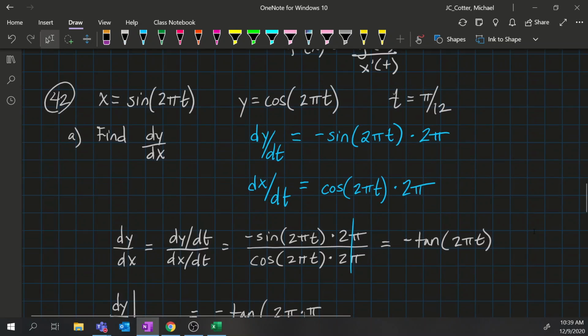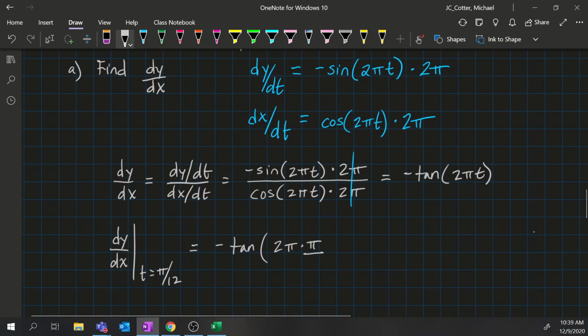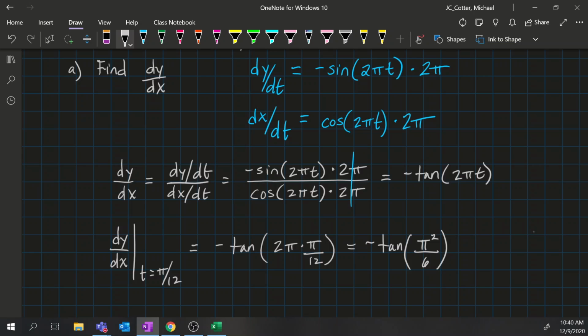Or did we say pi over 12? Yeah. And this is then going to be negative tangent of pi squared over 6. Okay, so this doesn't come out clean. So I'm going to have to go to my calculator.